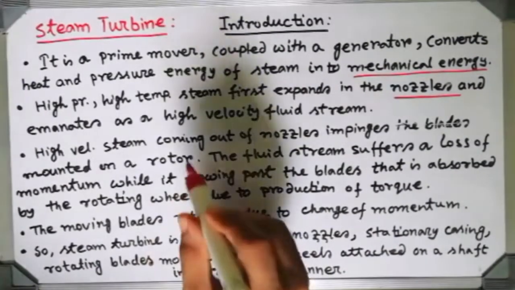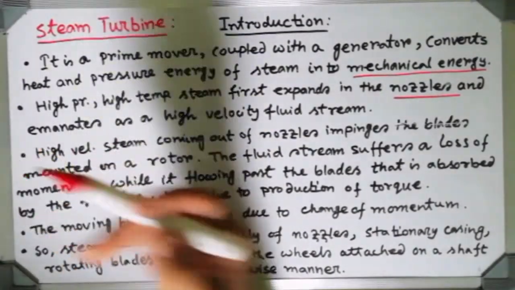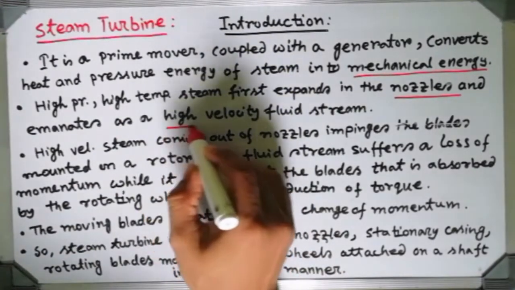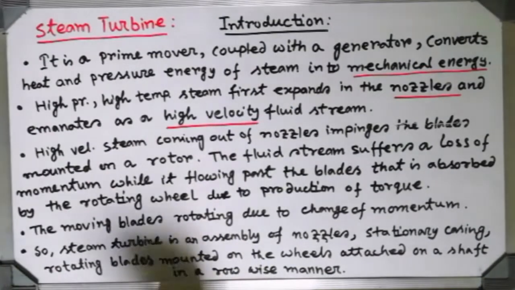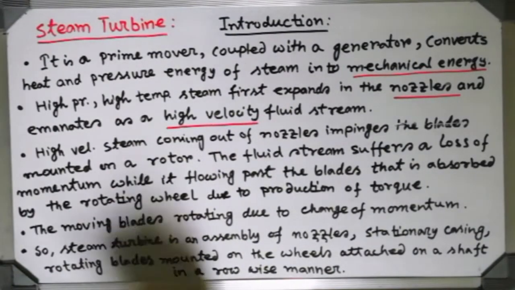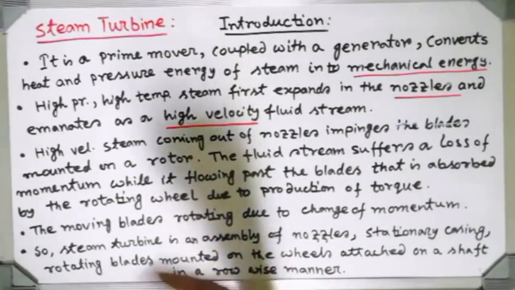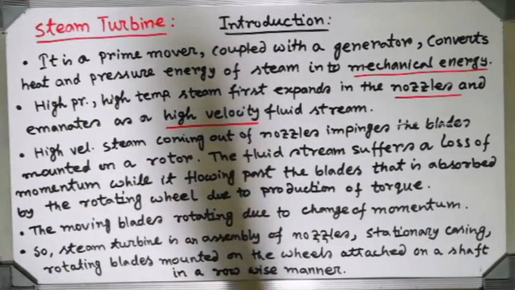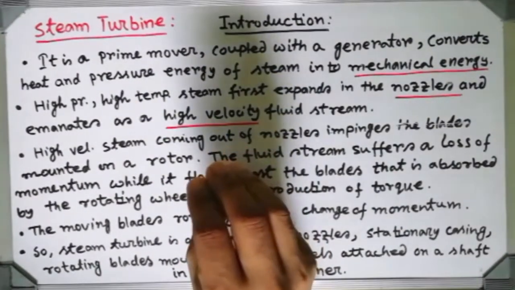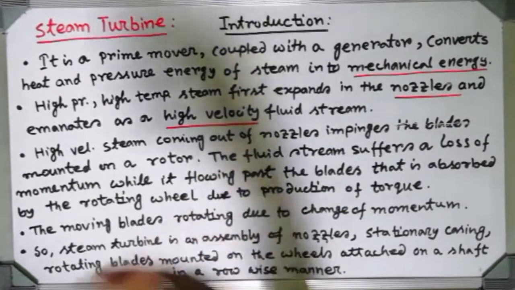That's why I have written emanates. Emanates means it comes out of the nozzle as a high velocity fluid stream. So the nozzle is basically increasing the kinetic energy. If you increase the kinetic energy, then when that steam hits the turbine blade, it will create a huge impact.